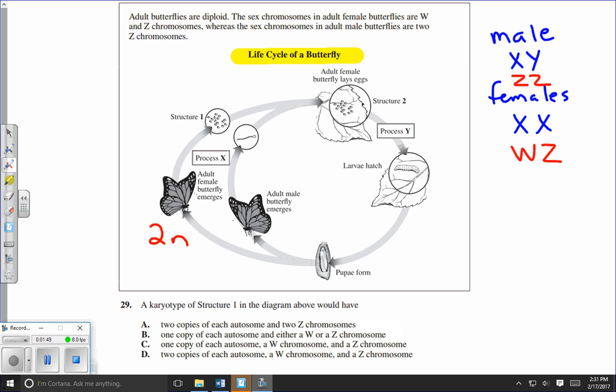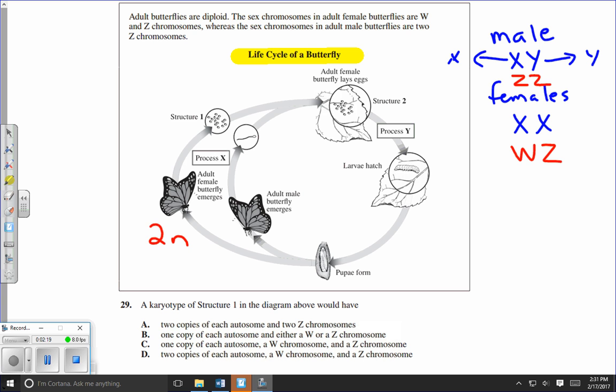So what that tells me is that unlike human beings, in butterflies, it's not the sperm that determines the gender of the offspring, it's the ovum that determines the gender of the offspring. Because in an adult male, we can get the Y chromosome going off and making a sperm, or we can get the X chromosome going off and making the sperm, and depending on which sperm fertilizes the ovum, that determines the gender.